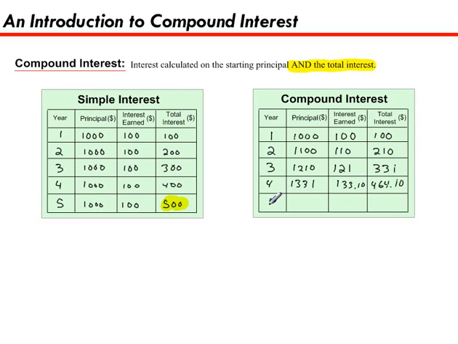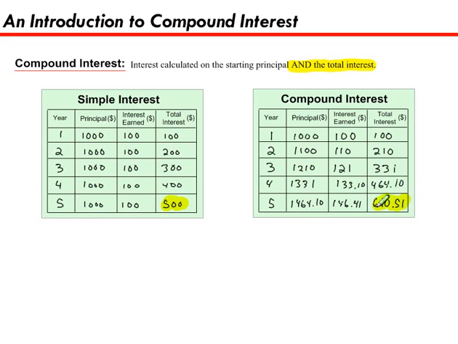Finally, by the 5th year, that principal of $1,000 has grown to $1,464.10. And in the last year, the interest earned is $146.41, bringing the total interest earned to $610.51.